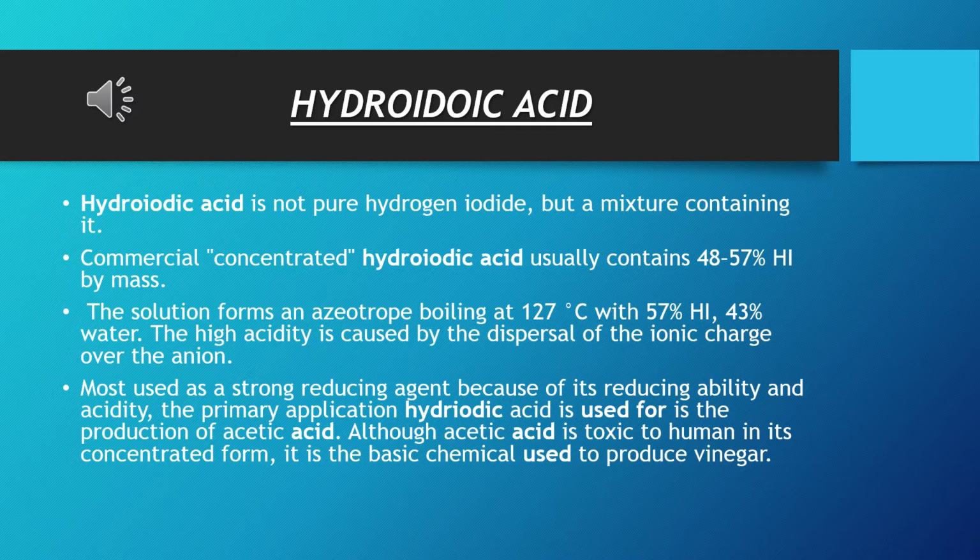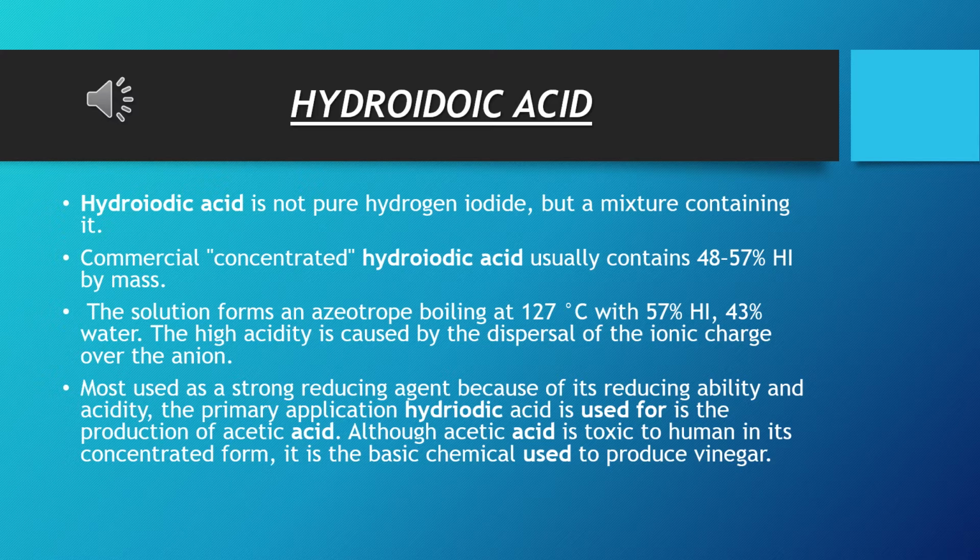The solution forms an azeotrope boiling at 127 Celsius with 57% HI and 43% water. The high acidity is caused by the dispersal of ionic charge over the anion. It is most used as a strong reducing agent because of its reducing ability and acidity.